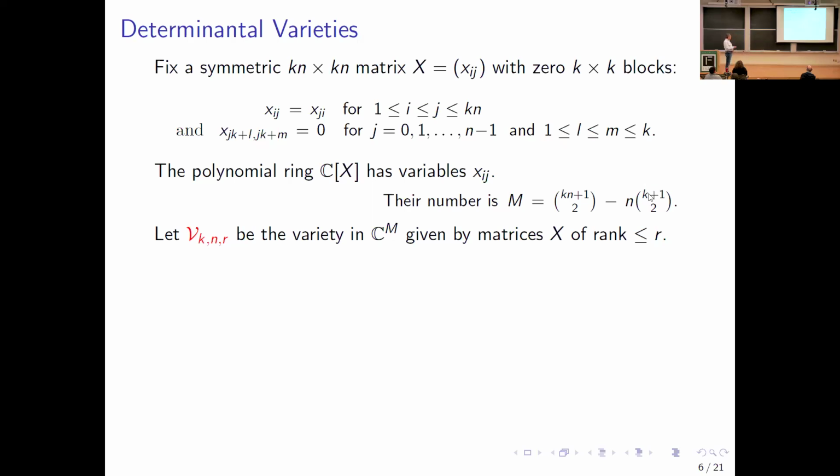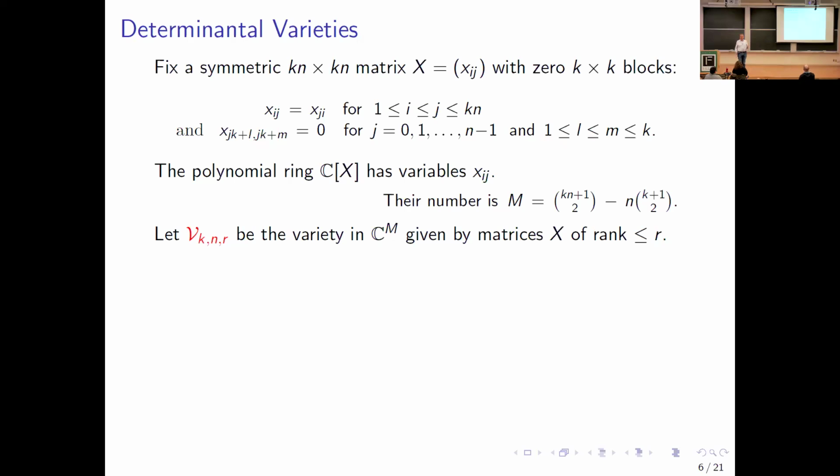I'm going to use the notation V, K, N, R for the variety of matrices in this affine space of rank at most R, and the corresponding ideal generated by the R plus 1 minors. Again, K is the size of the 0 blocks, N is the number of blocks, and R is the specified rank.